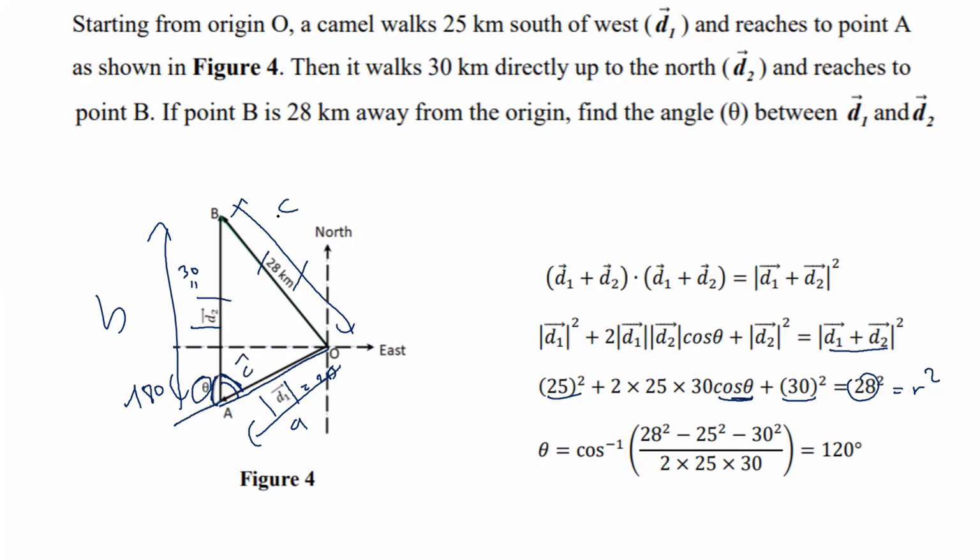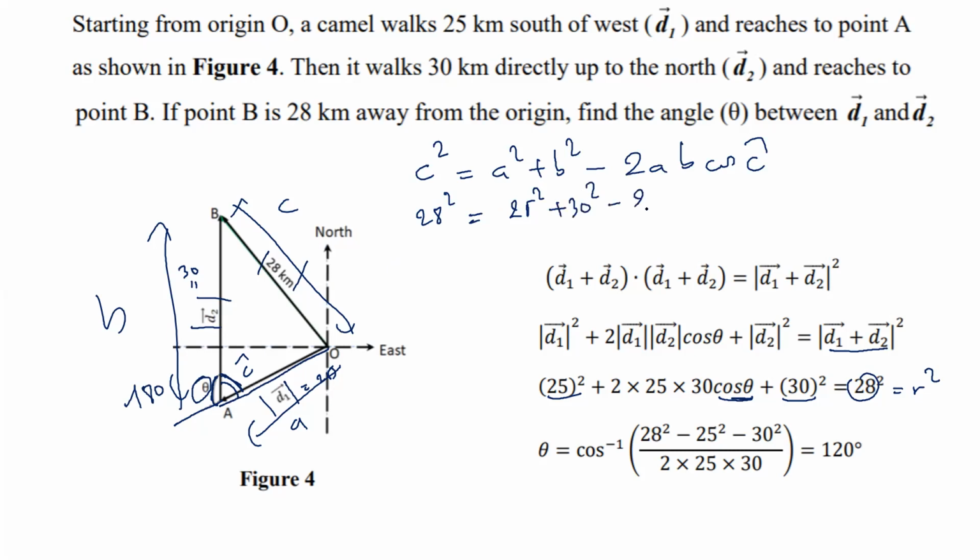So this is C because it's opposite to the angle C. I'll say that C square is equal to A square plus B square minus 2 times AB cosine C. So that will give me 28 square is equal to A square, what is A here, 25 square, plus B square, which is 30 square, minus 2 times 25 multiplied by 30 cosine C. Now this will give me C, and C will give me basically 60 degree.